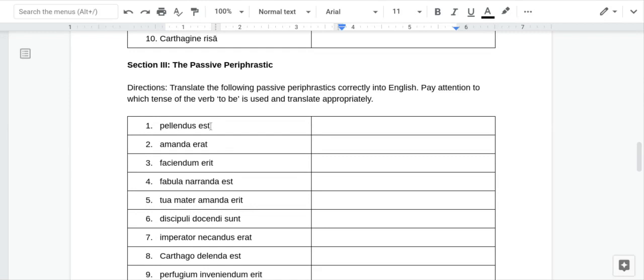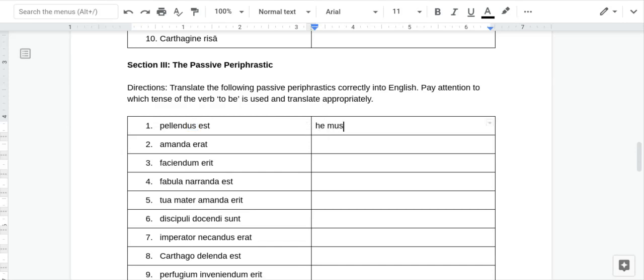So when you add the verb to be to it, in the present tense, est is the present tense of to be, it creates "must be." I'll type out a few of these and then I'll just read the rest. The reason I said "he" is because of the -us ending here, which is a masculine ending on the participle.